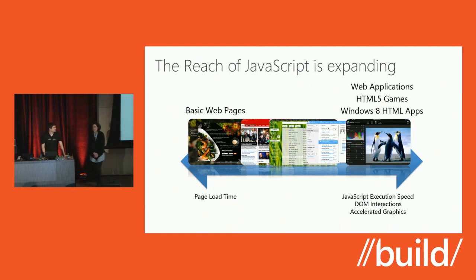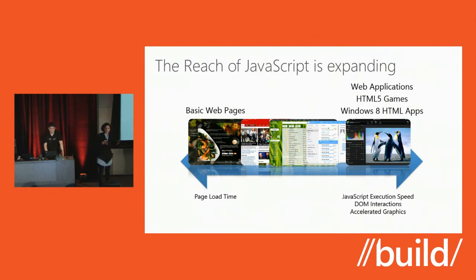If you think back even as little as 5 years ago, most websites were basically static content, and the JavaScript was for minimal AJAX-style interactions. But now, what we're seeing is much richer AJAX applications, as well as just really interactive applications.